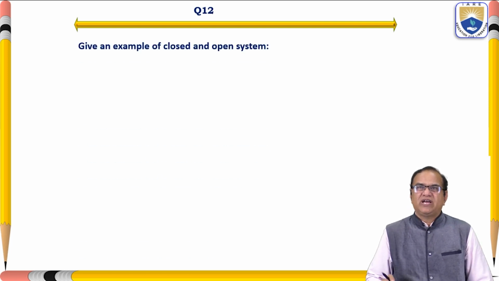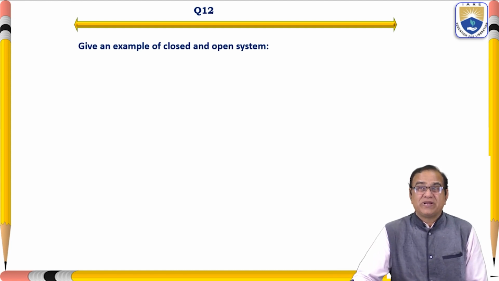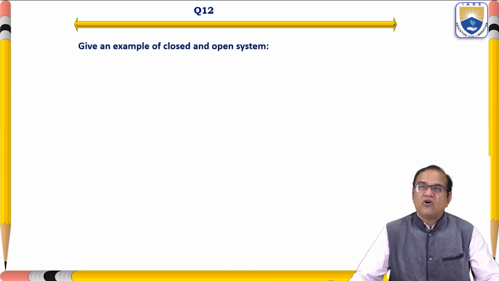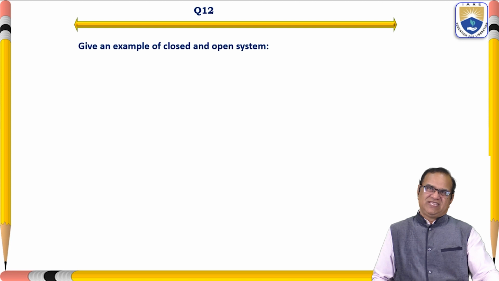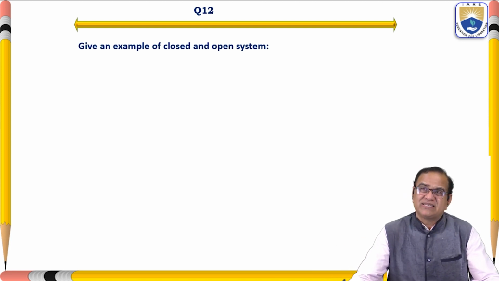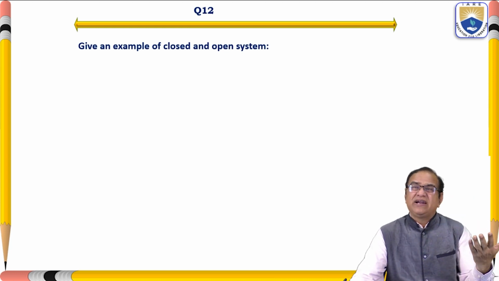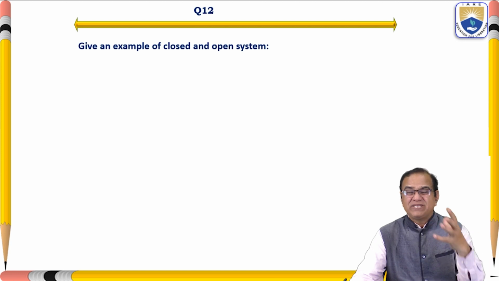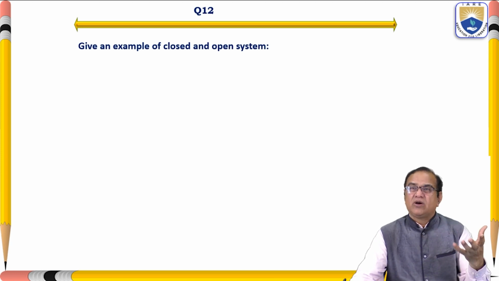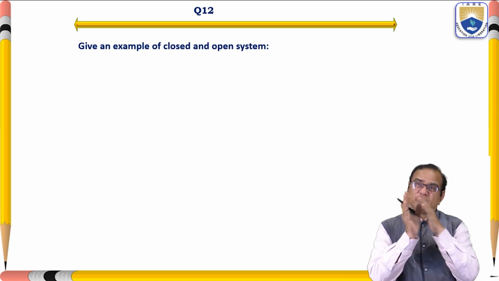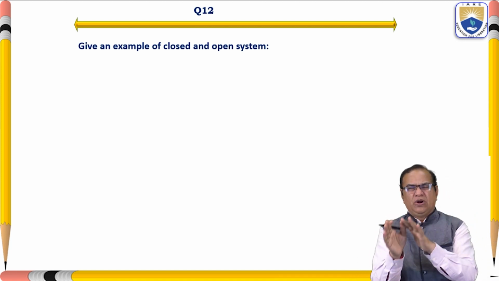Now, we will give an example of the closed and the open system. So, what is the meaning of the closed system and what is the meaning of open system? We have discussed in the first module what is the closed system. In closed system, only energy will transfer, but in the open system, energy and the mass both will be transferring from system to the surrounding or from surrounding to the system.